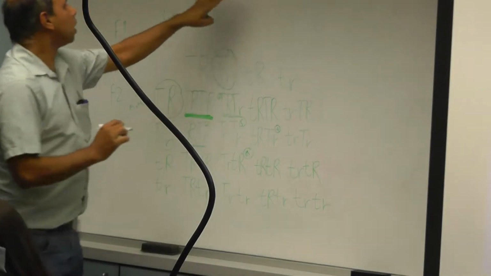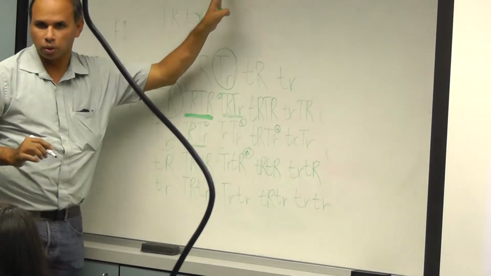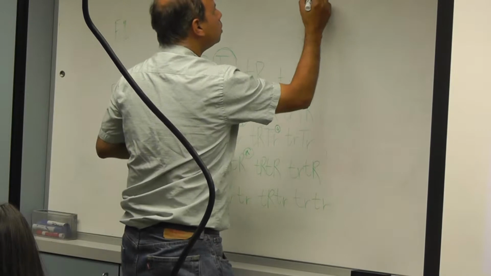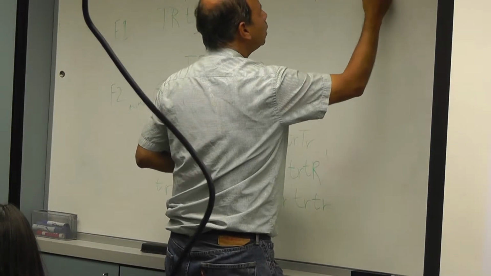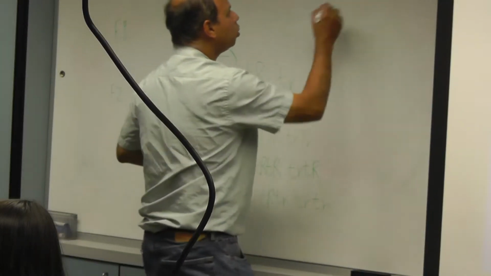So let's say we didn't have the second attribute. If you just work with TT with TT, because that's your first generation, what do you get?